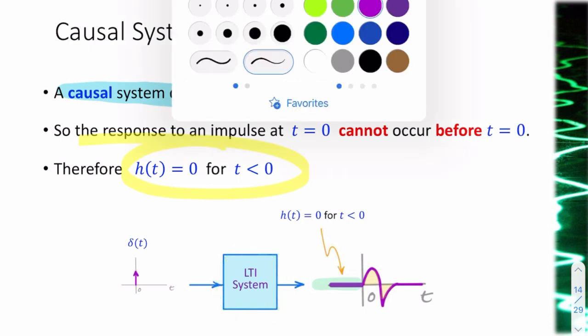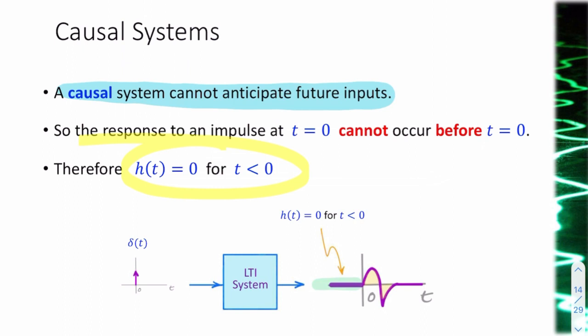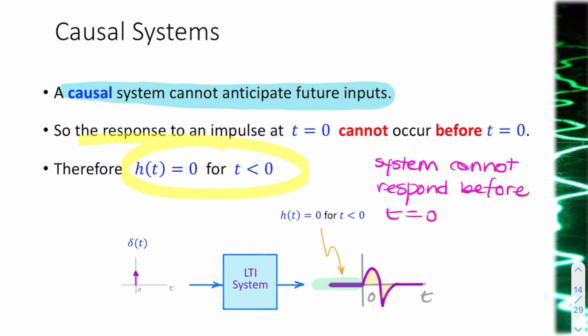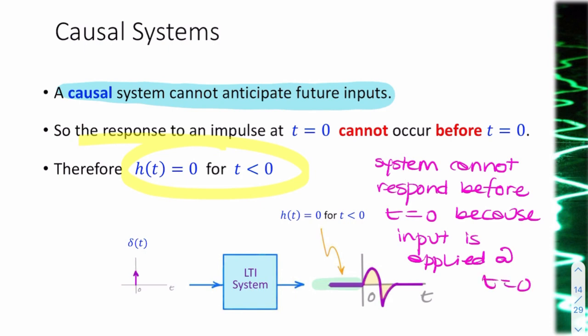It cannot respond before t equals 0, because if it were to respond before t equals 0, it would be anticipating a future input. So we say the system cannot respond before t equals 0 because the input is applied at t equals 0.